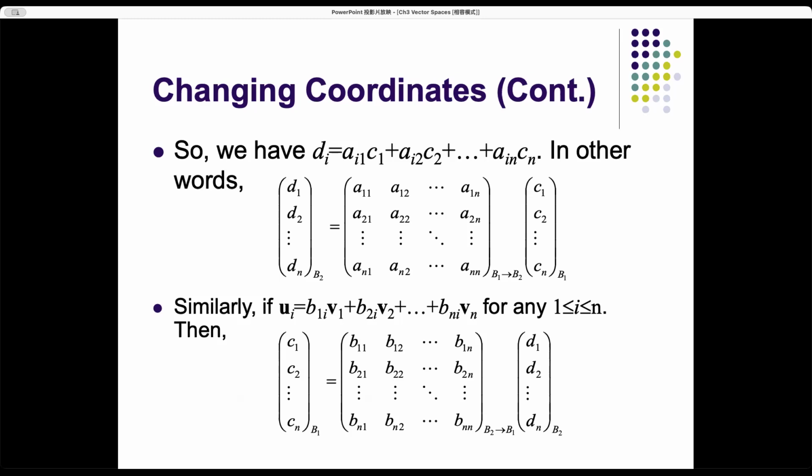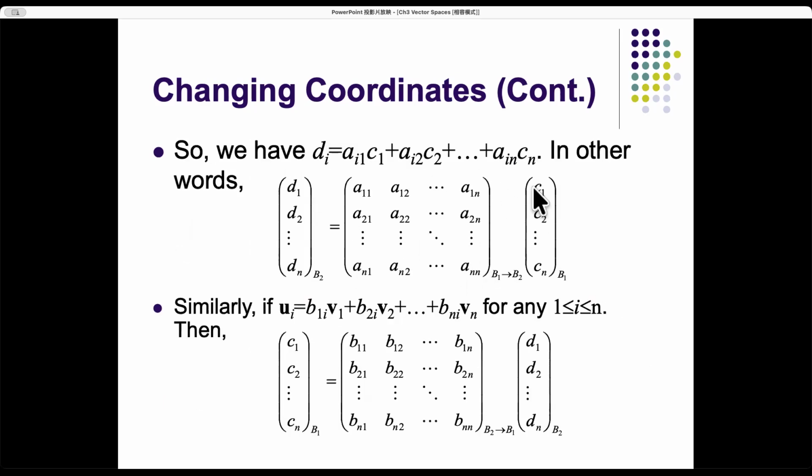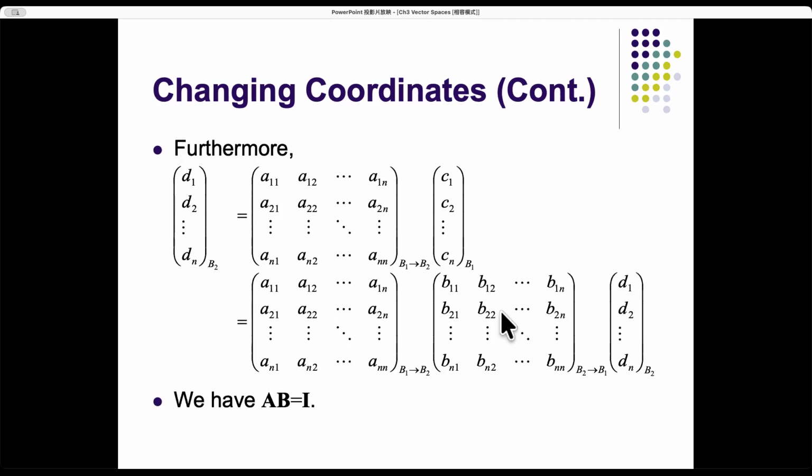One interesting thing here is that D1 to Dn with respect to B2 is given by this, as we know from before, and we know the C coordinates are given by the other matrix.